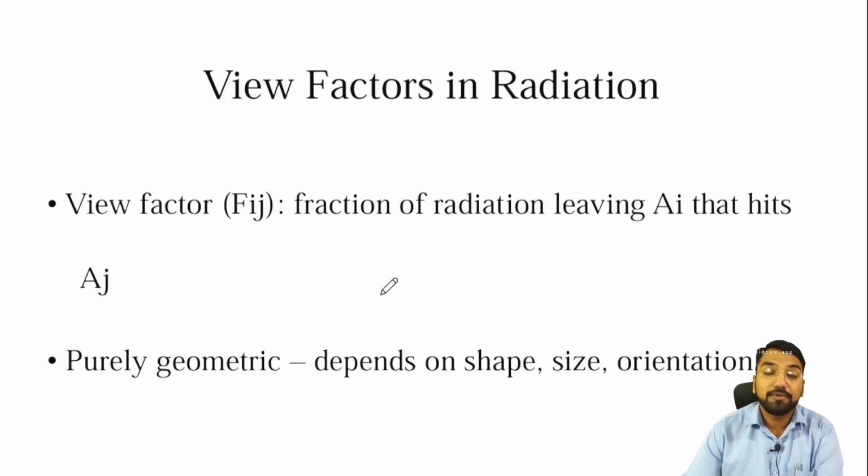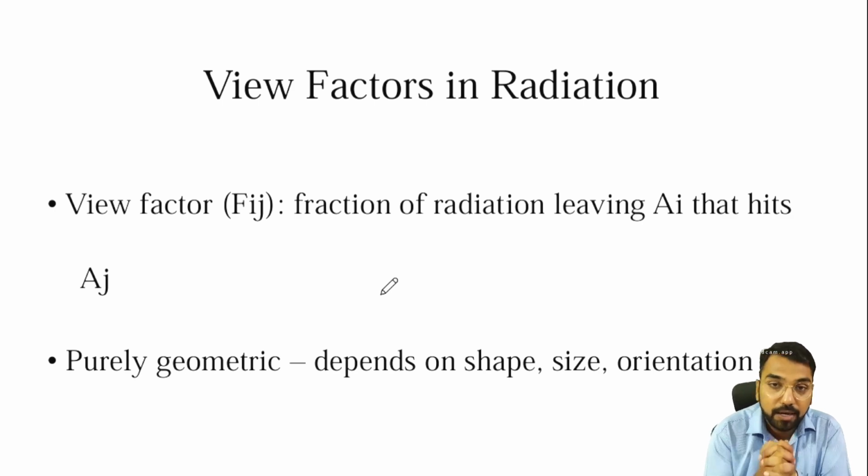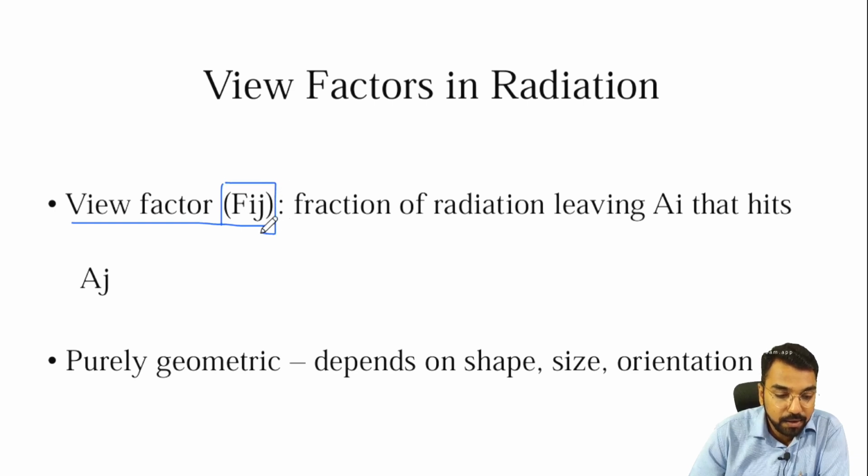This is one of the most important key concepts in radiation: view factors. What is meant by view factor? The view factor, denoted as Fij, is the fraction of radiation leaving Ai that hits Aj.